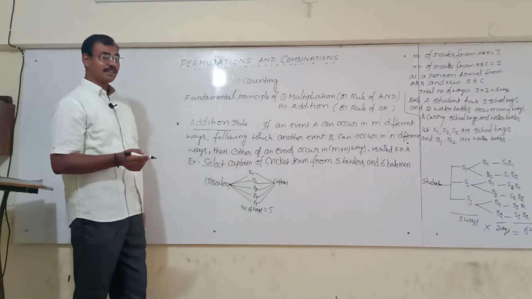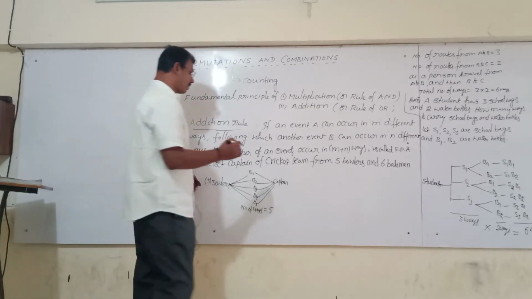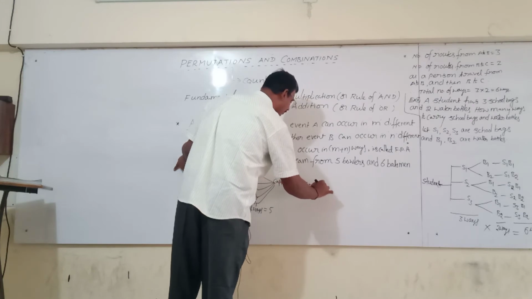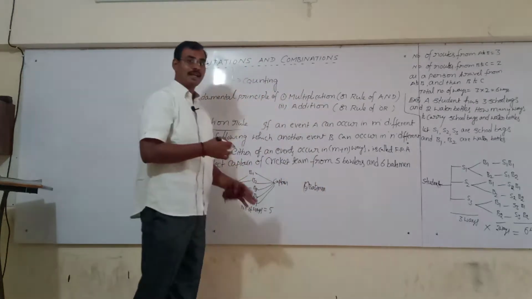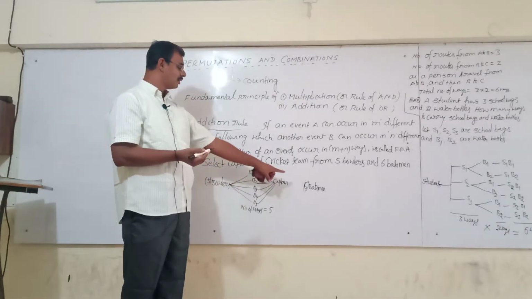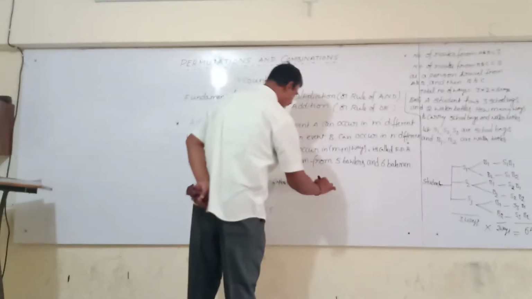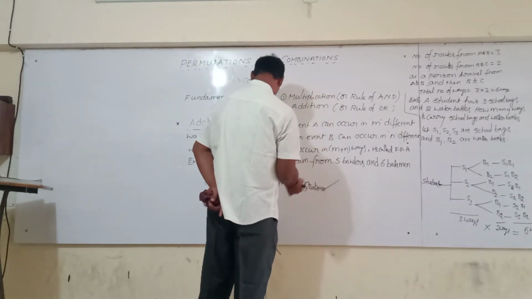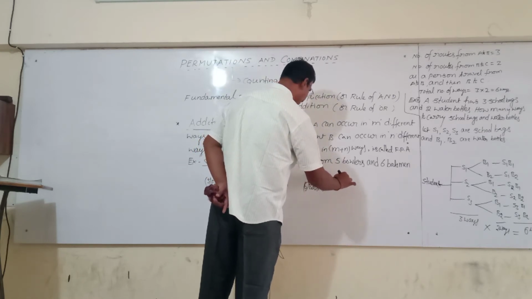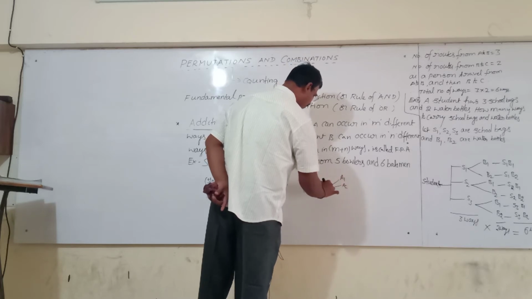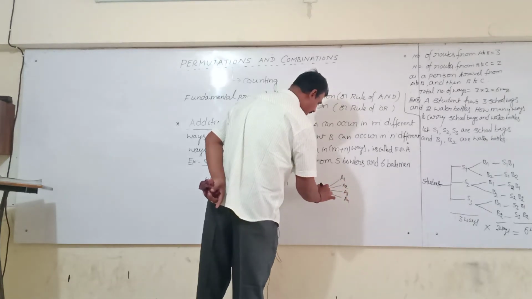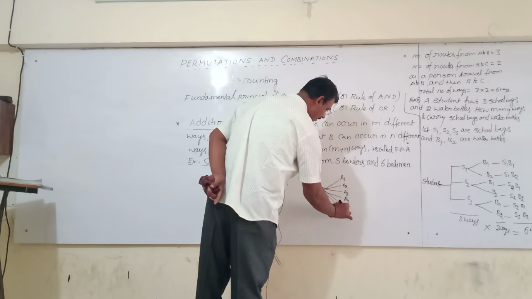And from the 6 batsmen also we can select a captain. The captain may be either a bowler or a batsman. The batsmen are A1, A2, A3, A4, A5, A6.